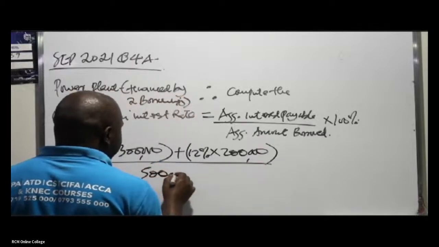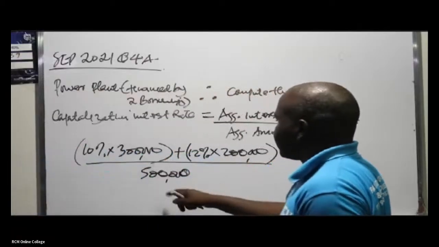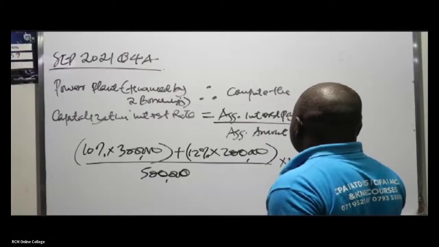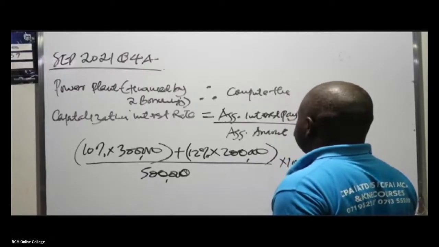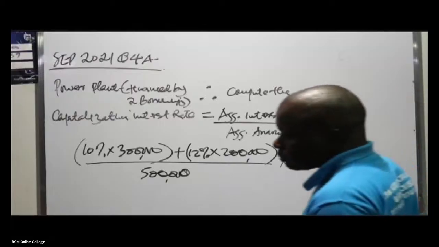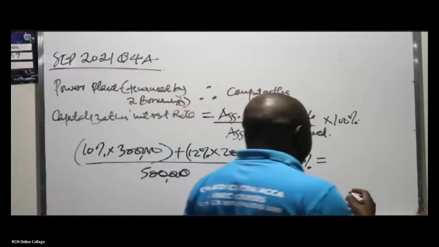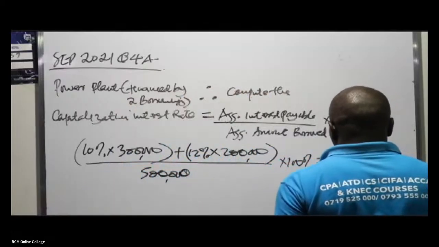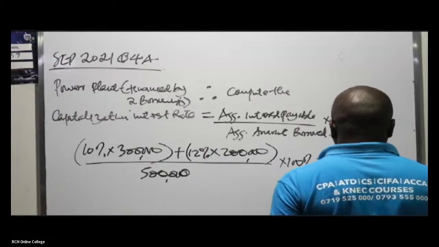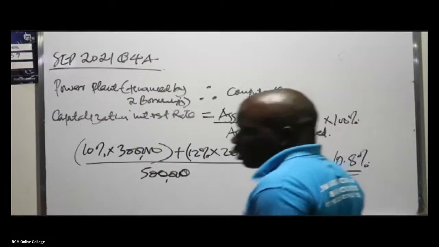The aggregate amount borrowed is 500,000 because 300 plus 200 gives 500. Then you multiply by 100%. Do the mathematics. What do you get as the capitalization interest rate? You'll get 10.8%. So it is very easy like that. With this capitalization interest rate, we can now calculate what?